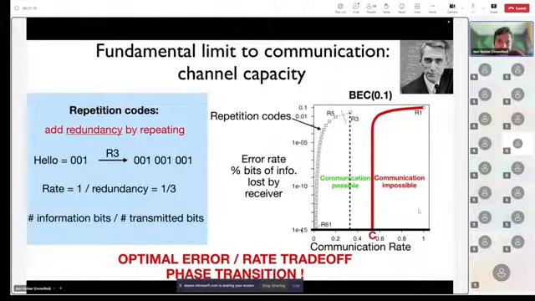So there are two surprises here. And by the way, the repetition code we were talking about, where you repeat just 3 times, is there.